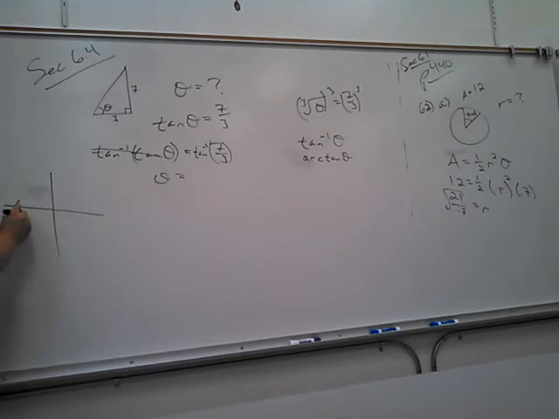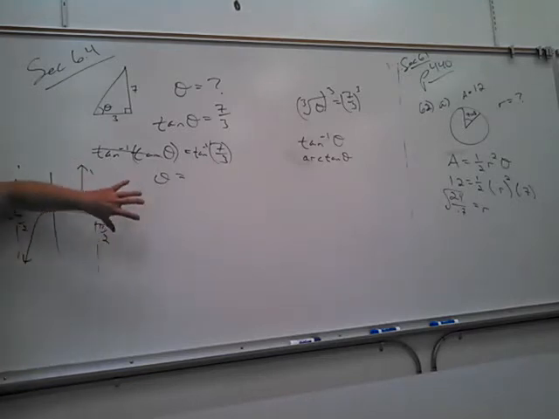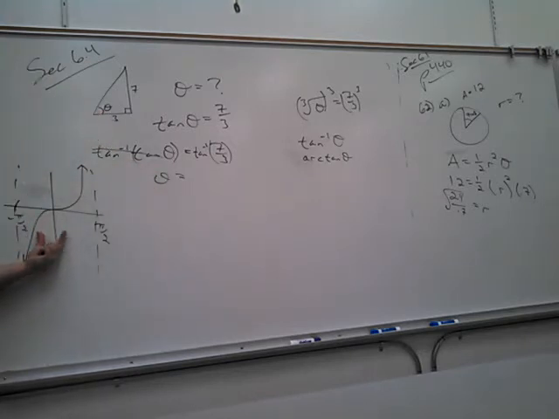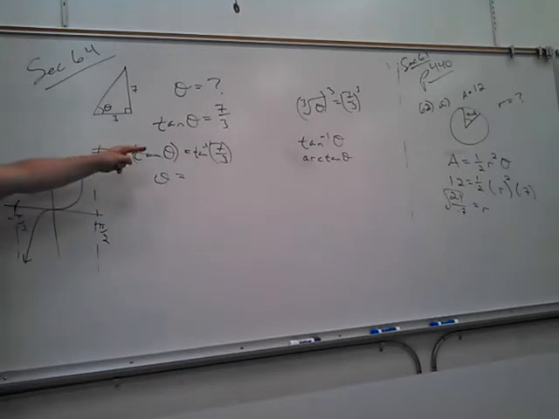Negative pi over 2 to pi over 2. You have to be a little bit careful, because your answers could come out anywhere between these. We had to do this to tangent just to make it invertible, because if I kept going with all the tangents, it wouldn't pass the horizontal line test. So if the domain of my tangent had to be cut to this, the range of my inverse tangent will be this to this.